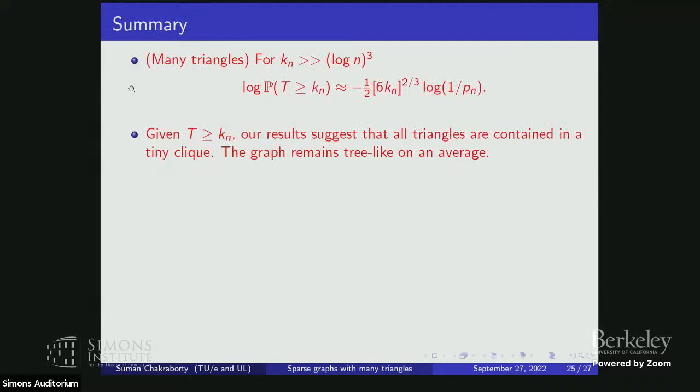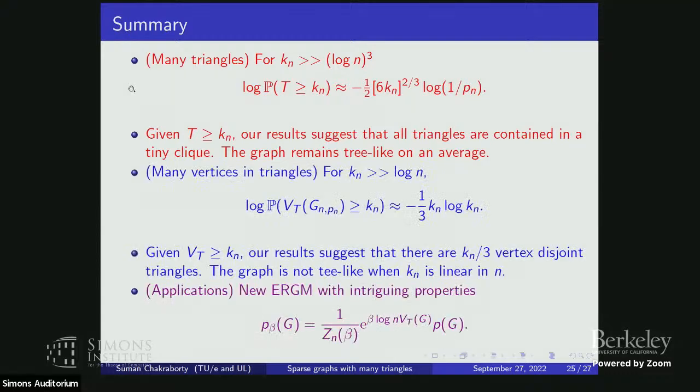Okay, summary. We proved this result, and we showed that this is mathematically nice but, for our purpose, kind of useless. And we proved this result, and the answer is that this at least gives that the triangles are spread out somewhere, and gives new ERGM models with some intriguing properties.